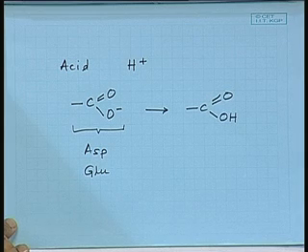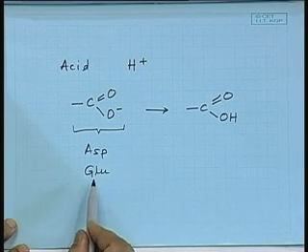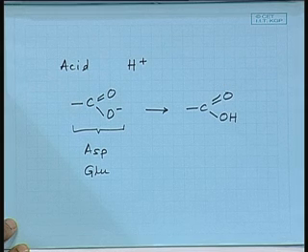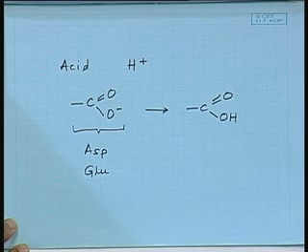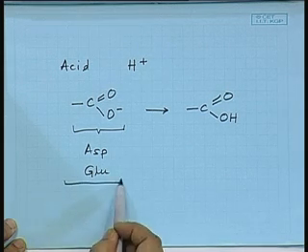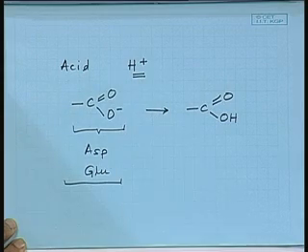Now, if this aspartic acid or glutamic acid happens to be involved in an ionic interaction with, say, lysine, what would then happen? It would disrupt the ionic interaction, right? So what are we saying? We are adding acid to our protein.